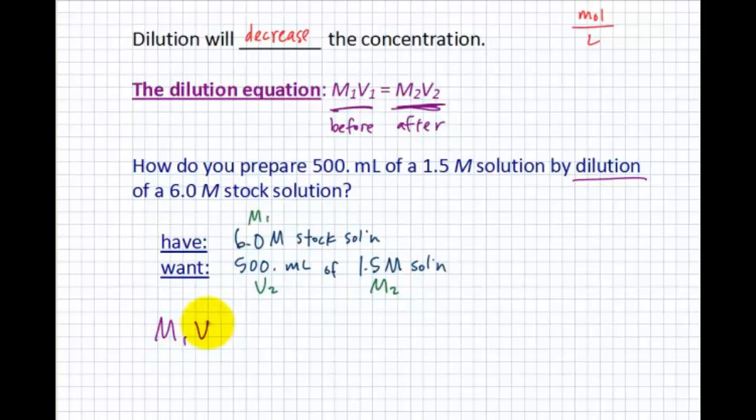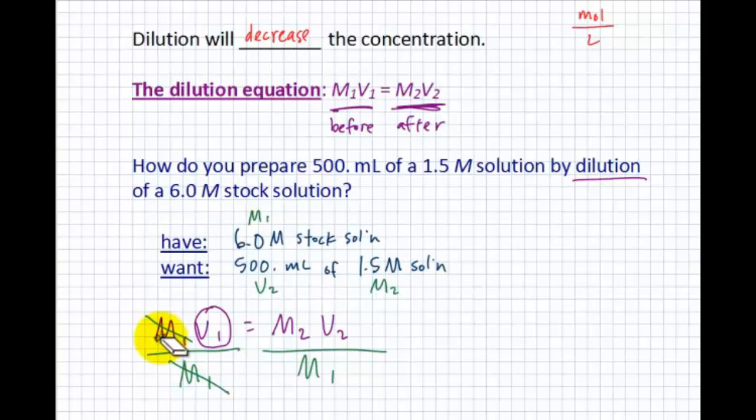So M1V1 equals M2V2. We know M1, we know V2, we know M2. We're going to have to solve for V1. In order to get V1 alone by itself over here, I'm going to have to divide both sides by M1 because that will cancel it away from over there.